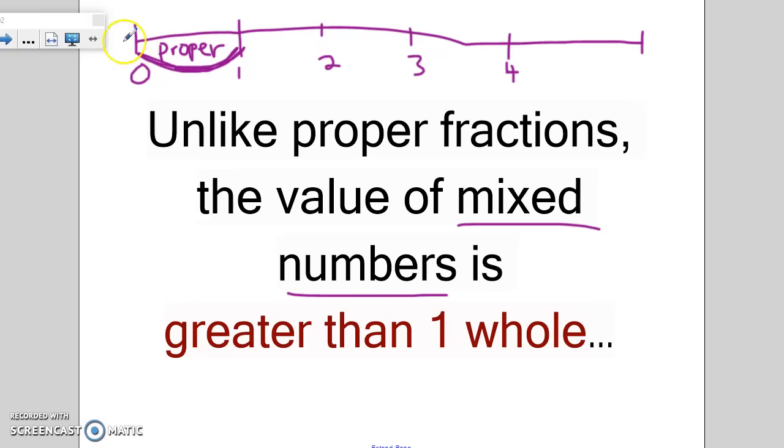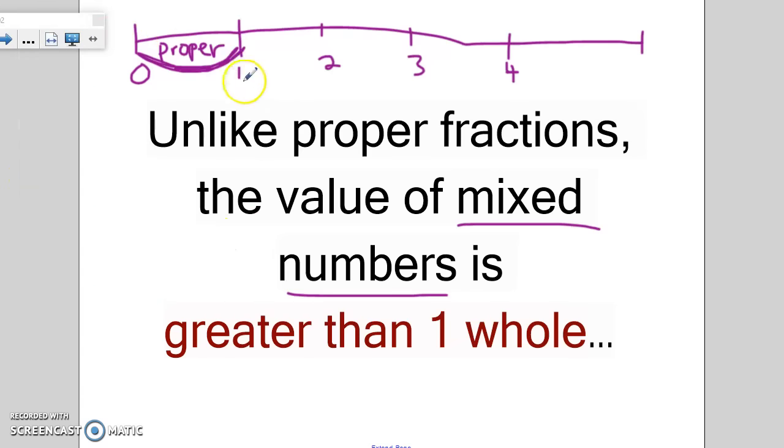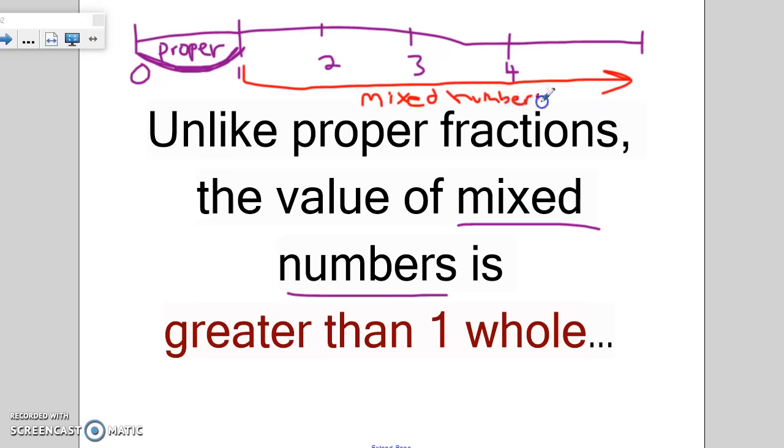So our proper fractions are going to be fitting there. We are now working with mixed numbers, and mixed numbers are going to be numbers that are worth more than one whole. So any time we want to represent more than one whole, that's going to be, and sorry, I cannot write neatly at all with these online pens. That should say mixed, not humbers, but numbers, are going to be represented as anything greater than one whole.